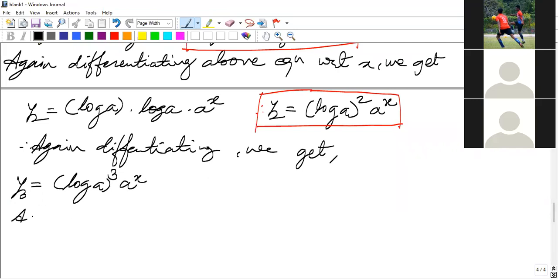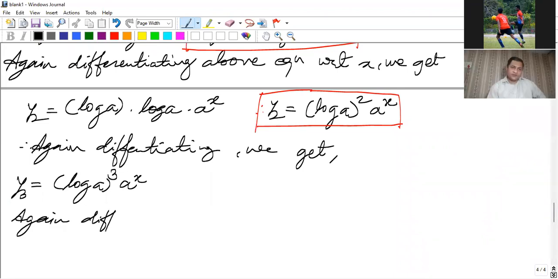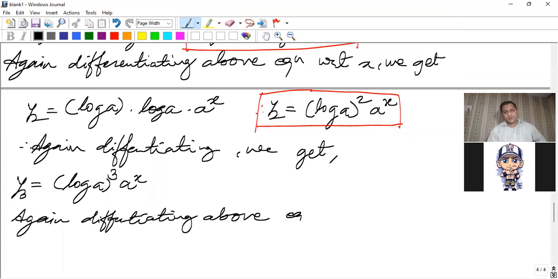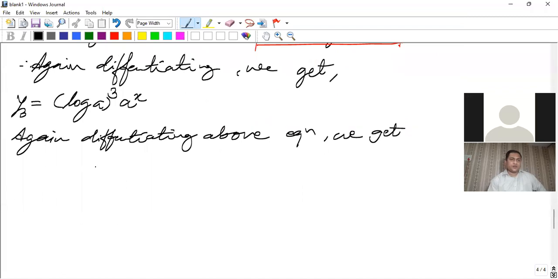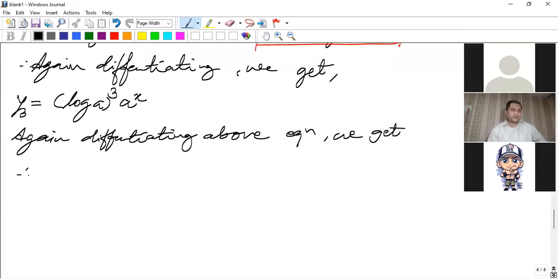Please keep lowering your hand once it is done. Again, differentiating the above equation, we get: Shubhada, Tanay, lower your hand.